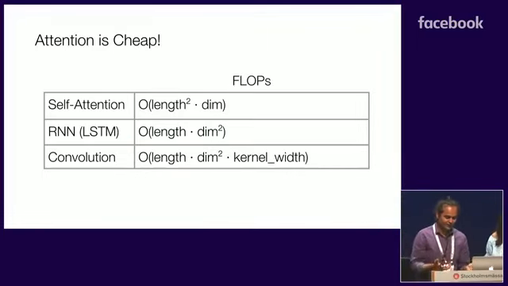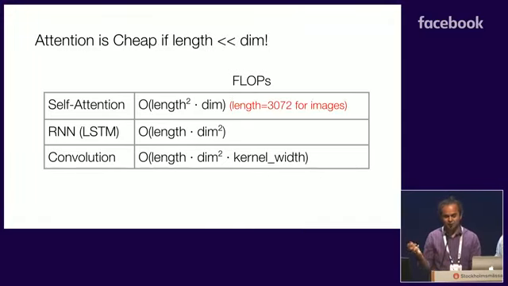That operation has a complexity that is quadratic in length, and this is a very favorable computational profile if you're dealing with text, where your sequences are much shorter than your dimension, whereas convolutions are quadratic in dimension. But for something like images, even for 32 by 32 by 3 images, this is prohibitive. So the question is, what are the different ways that we can combat this?